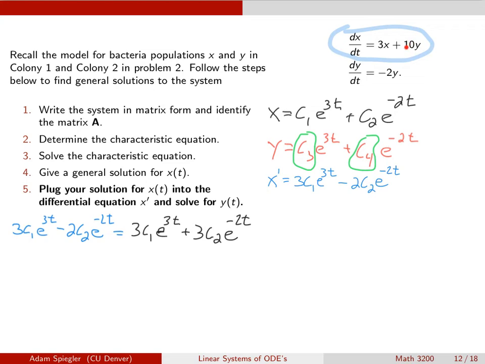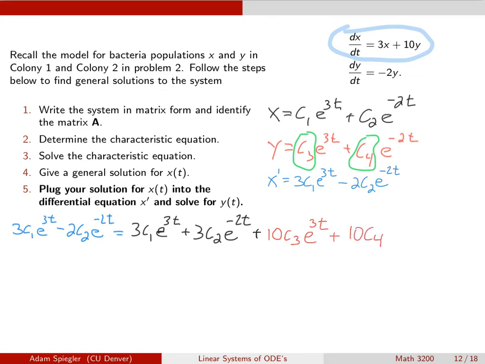And then we add to that 10y. So I'm going to take 10 and multiply it by the template that we have for the solution for y. That would give me 10c3 e to the 3t plus 10c4 e to the minus 2t.